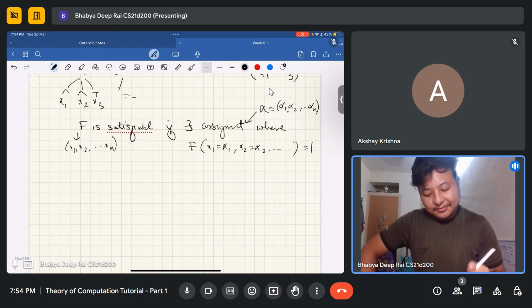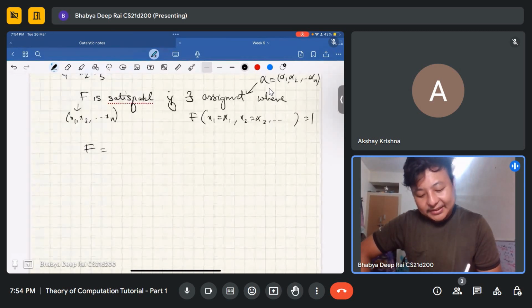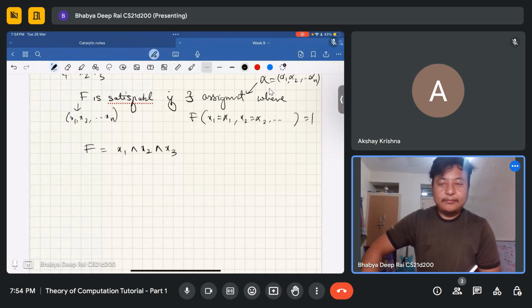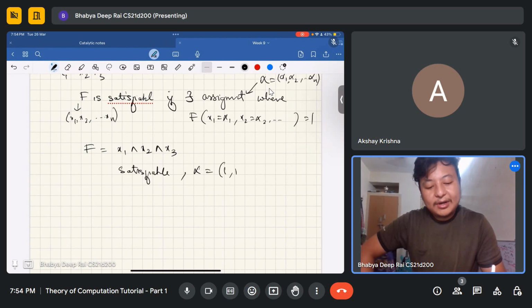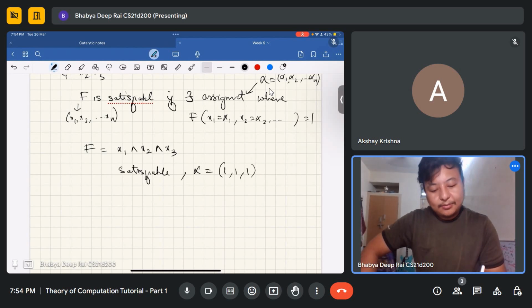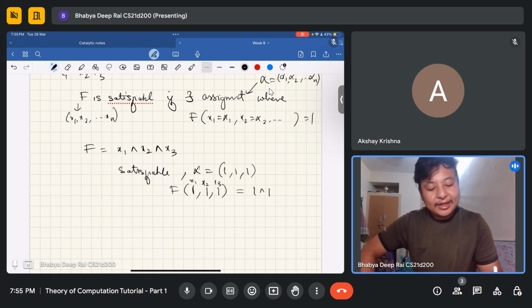So for example, say f is x1 and x2 and x3. This is satisfiable. Why? When alpha equals 1, 1, 1. Because if I do f of 1, 1, 1, which means x1 equals 1, x2 equals 1, x3 equals 1, then it is 1 and 1 and 1.